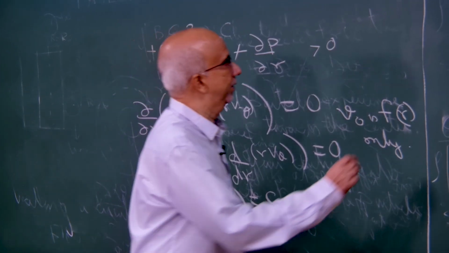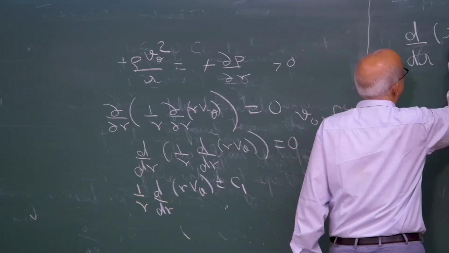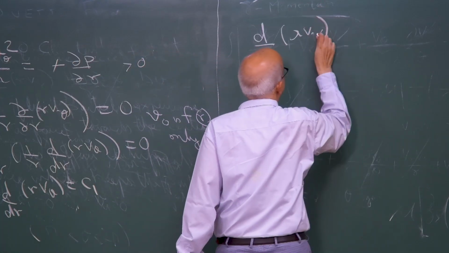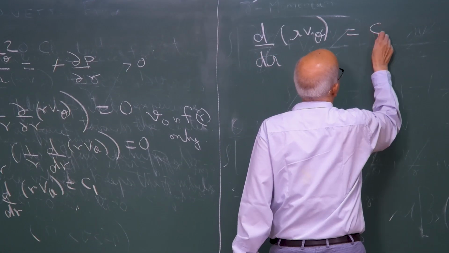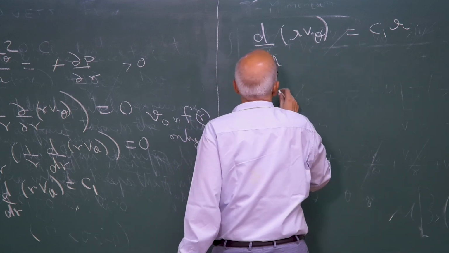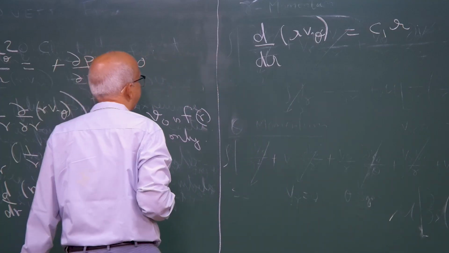I can take this r over there and I can write d by dr of r v theta equals C1 r. Again you do something here. What do you do? Integrate this again.